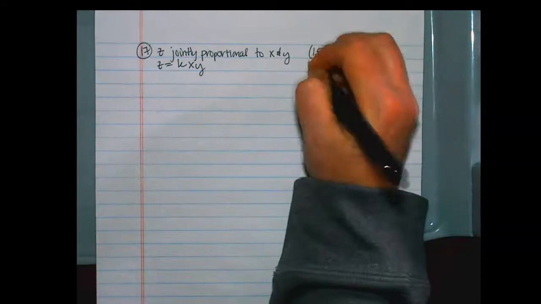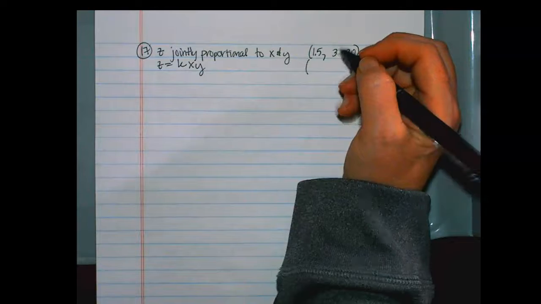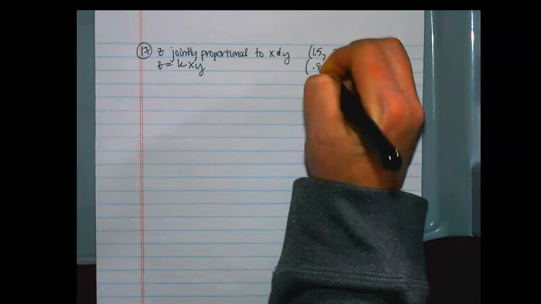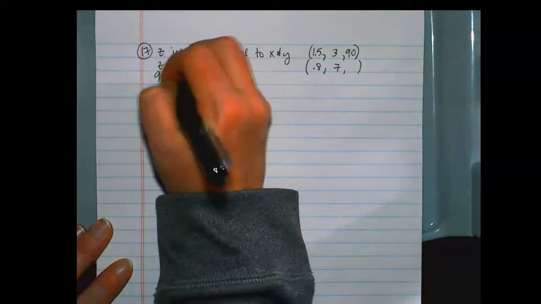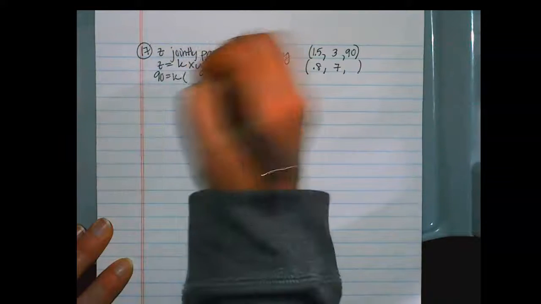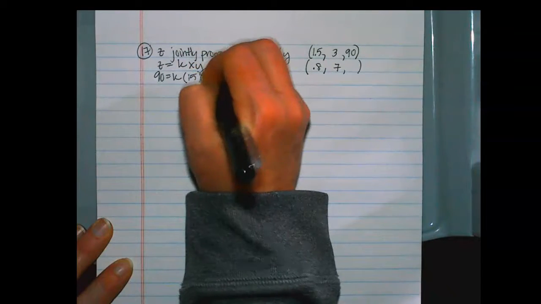And then they said, what is z when x equals 0.8, y equals 7? So same as our last problems, we're going to plug things in and find out what k is. z is 90 equals k times x, which is 1.5, times 3, which is y.